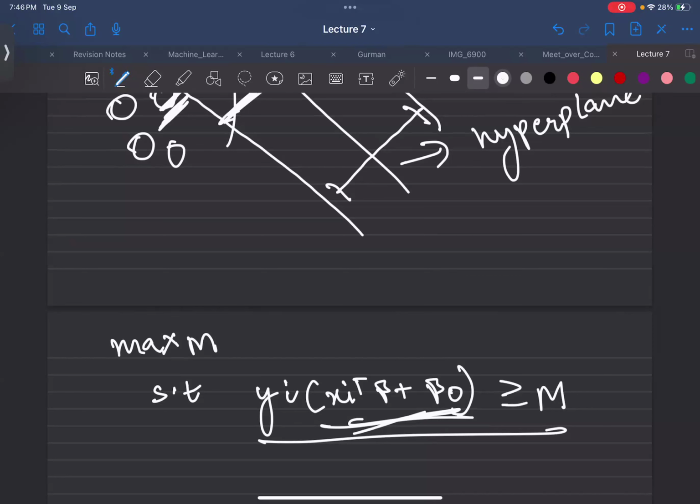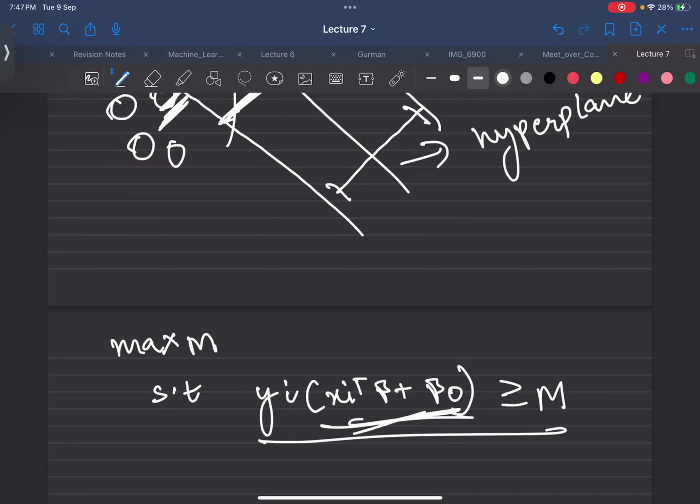The margin point should be as far as possible, ma'am.